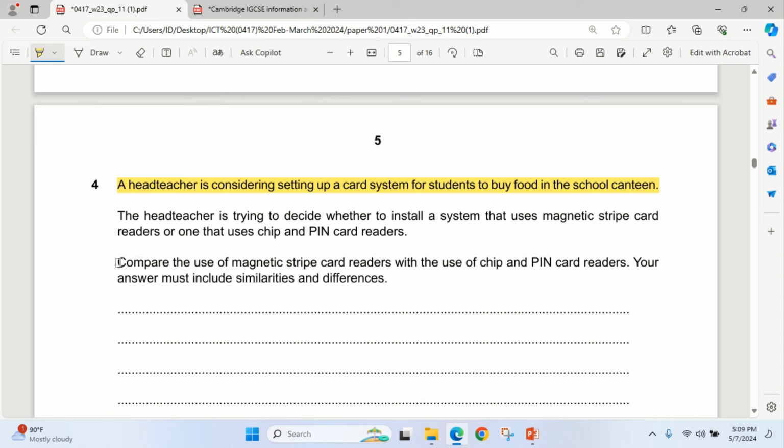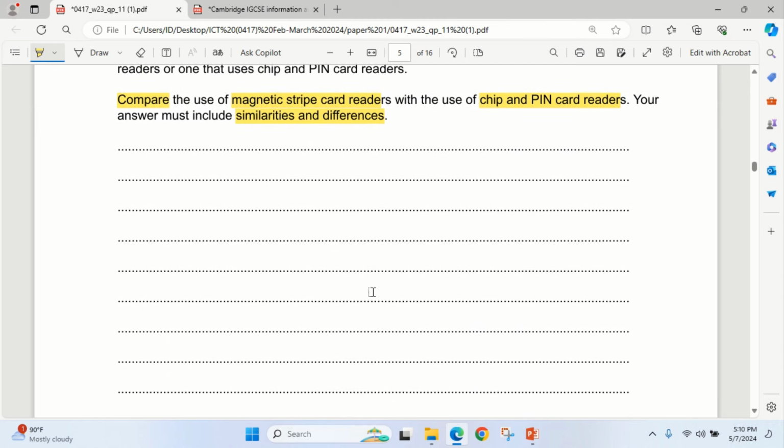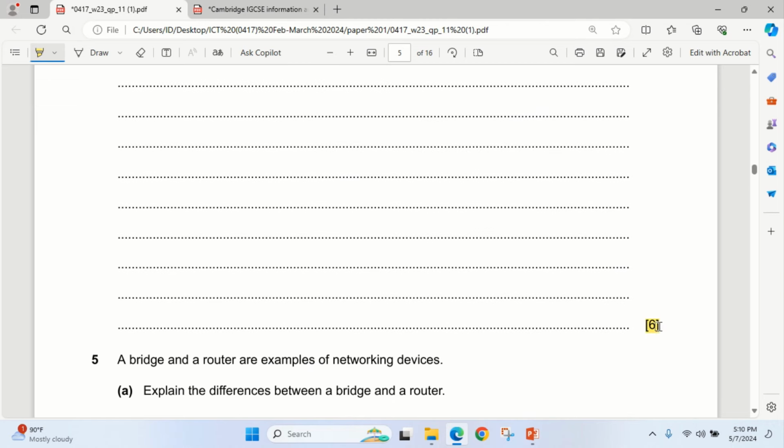The command word here says compare the use of magnetic stripe card readers with the use of chip and pin card readers. Your answer must include similarities and differences. So that means invariably we are comparing magnetic stripe card readers with chip and pin card readers. So comparing that, we talk about the similarities and the differences, and this is a 6 marks question.